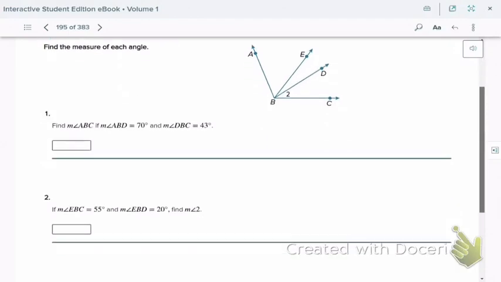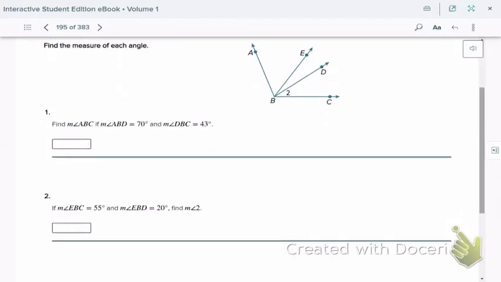Rapid fire, see if we can do these. All right, number 2. EBC, so that's this guy, is 55, and EBD, the little guy in there, is 20. Find this guy right here.